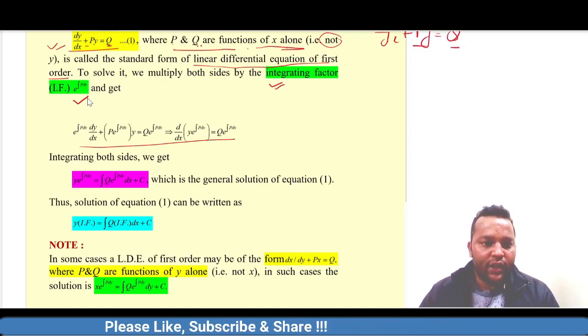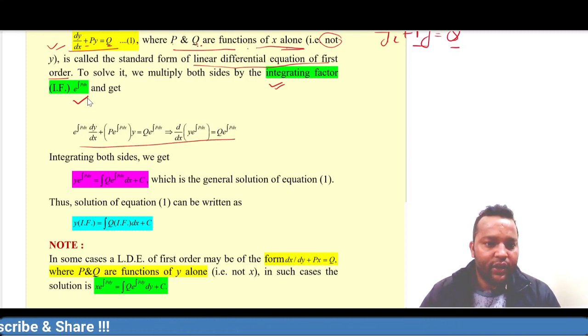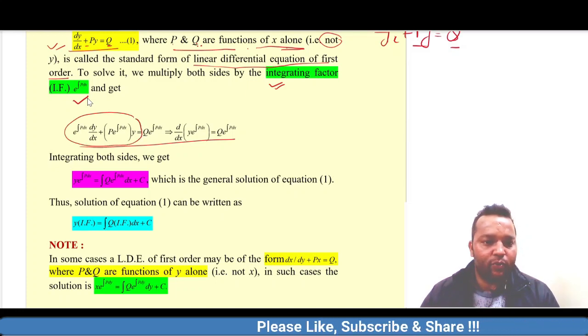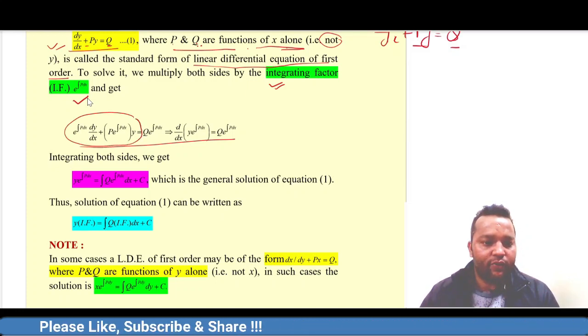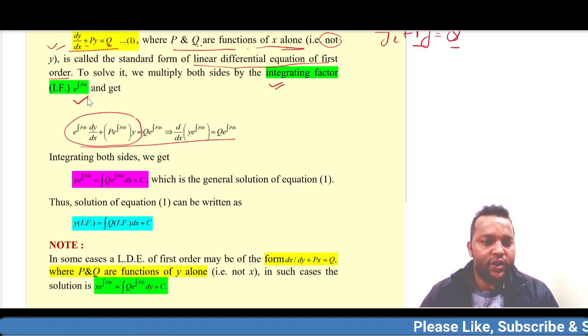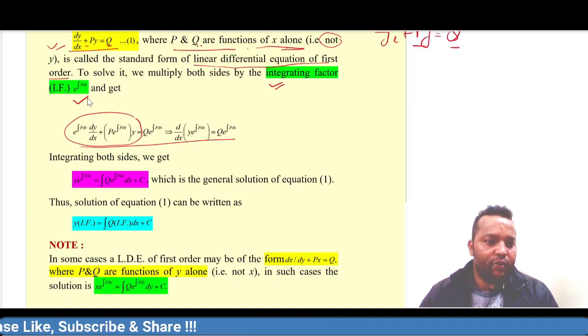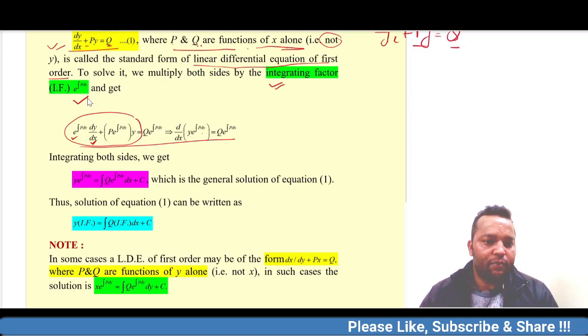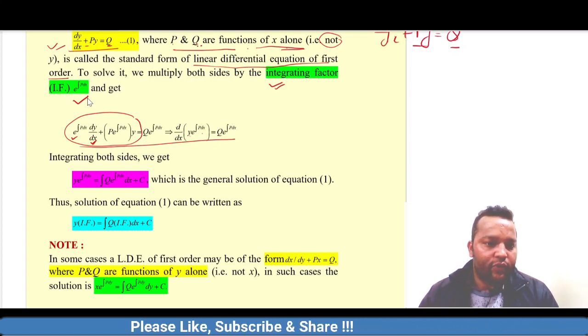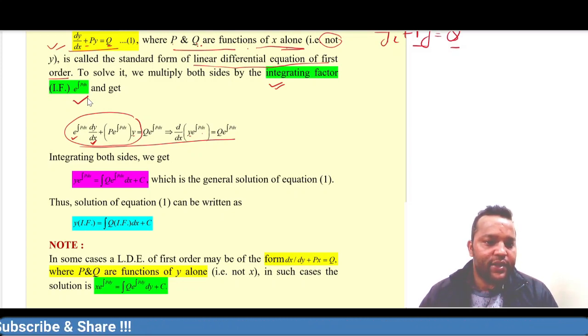Now rewriting the term of left hand side by using the product formula, d by dx of y into e raised to the power integration of p dx is equal to, that is derivative of first function dy by dx, this term, into second function as it is, plus first function y as it is into derivative of second function.